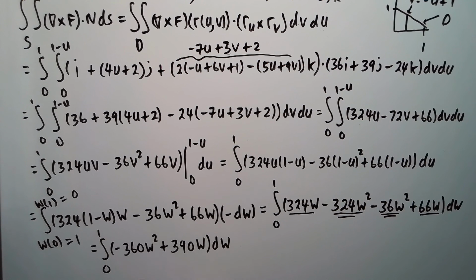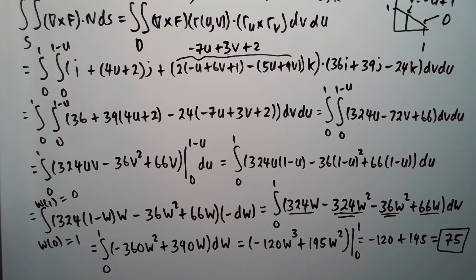Integrating this, it would be negative 360w cubed over 3, and 390w squared over 2. Negative 360 over 3 would be negative 120, and 390 divided by 2 would be 195. So let's write that over here. I get negative 120w cubed plus 195w squared. So then it's just going to be negative 120 plus 195, which is 75.